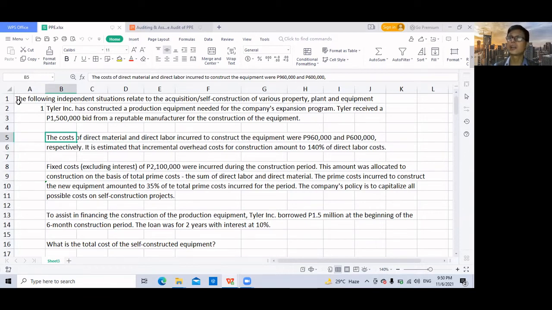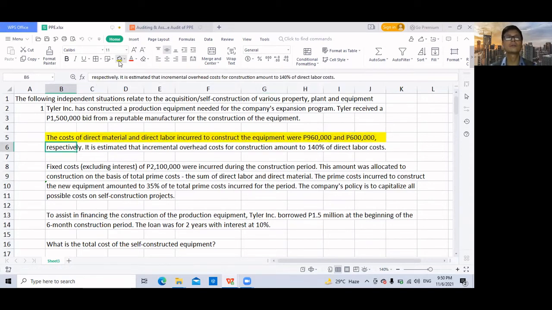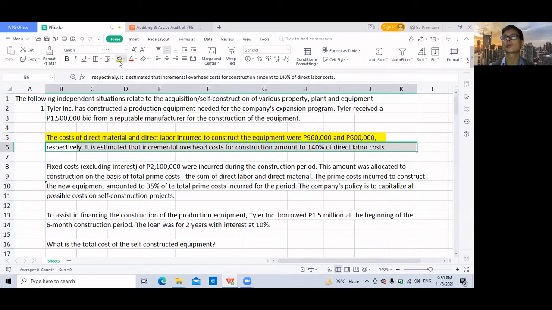So the direct materials is 960,000 and the direct labor is 600,000. It is estimated that the incremental overhead cost for construction amounts to 140% of direct labor cost. So we will compute: 140% times 600,000. That would be the overhead cost.